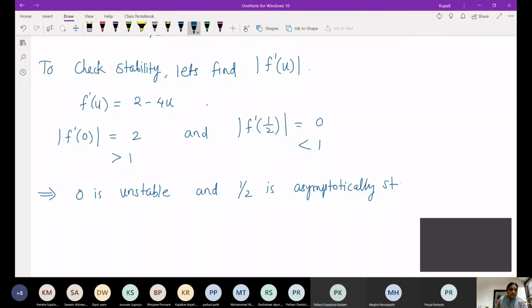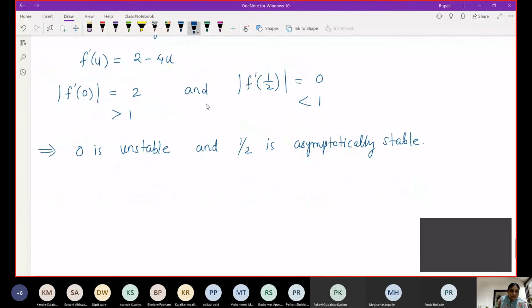Is that right? 0 is an unstable fixed point and half is an asymptotically stable fixed point. Is that okay? Yes, ma'am. Let's take the second example.